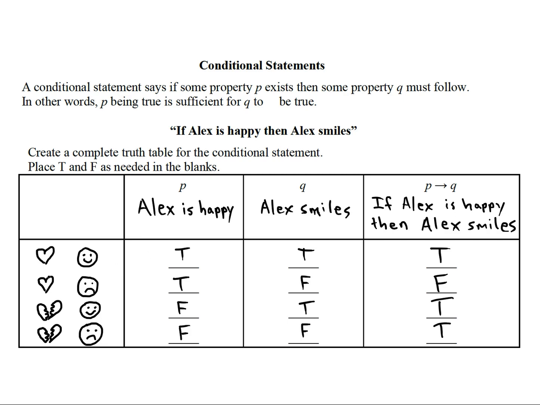You have to start with the condition of meeting what was talked about in P, the happiness. He's got to be happy. And then we have to show how it didn't lead to the conclusion of Q, of him smiling. If we do find him happy and not smiling, that would be what's called a counterexample.